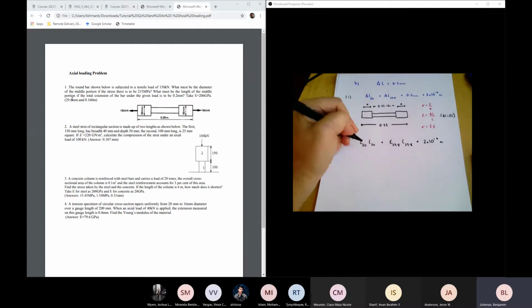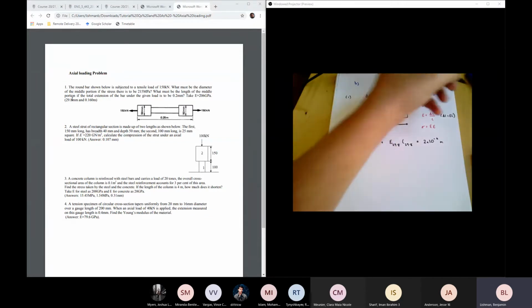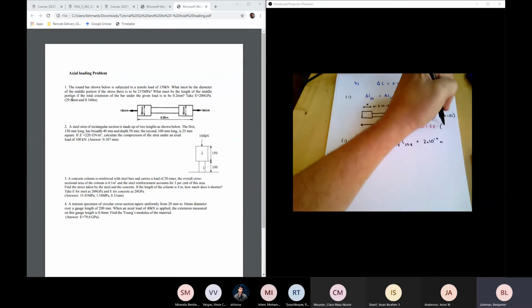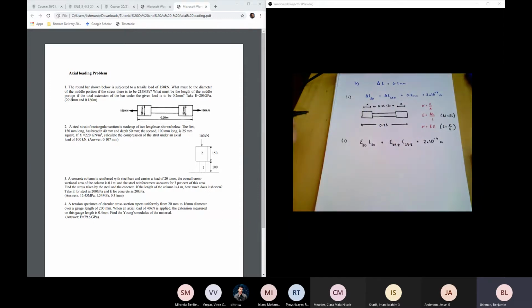Now I can keep going with some substitutions. I know what I can do with epsilon. I can use this equation to say strain is stress divided by Young's modulus. And I also know that the length of the 50 millimeter bit is x here and x there. I'm going to treat those together and make it 2x.